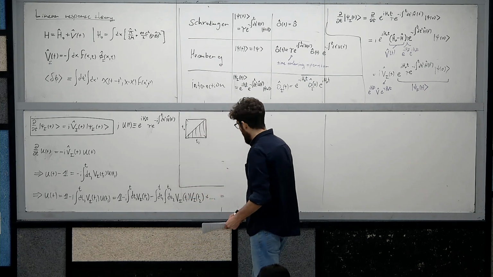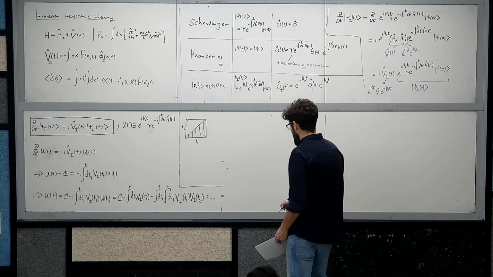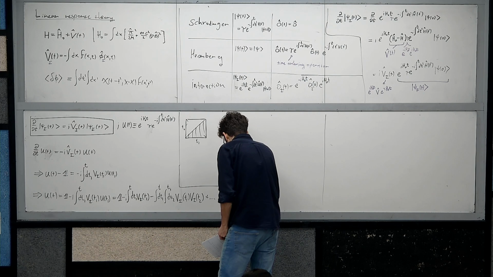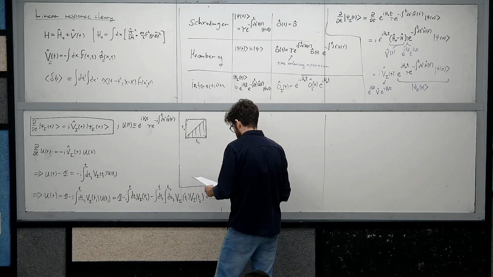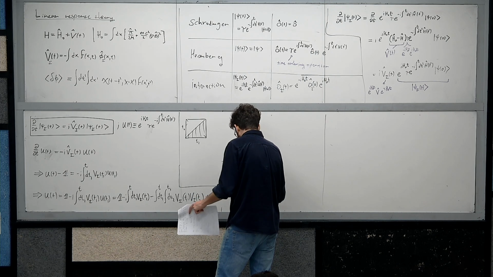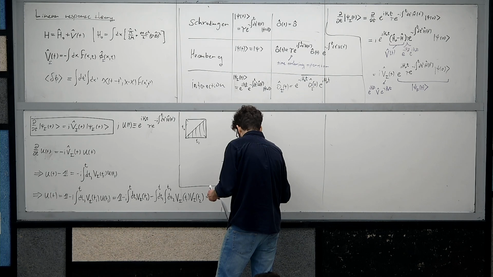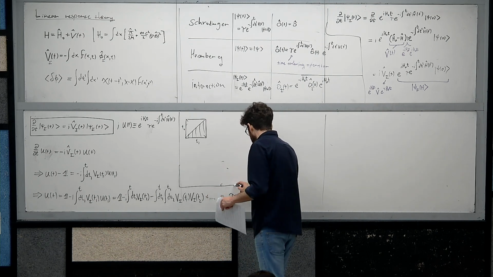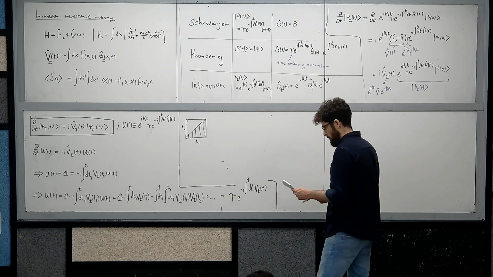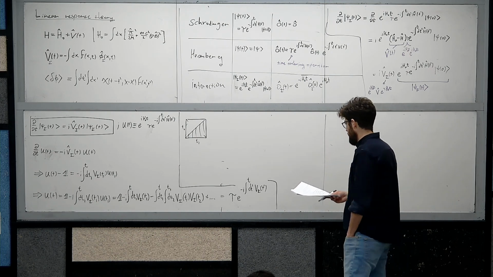That's important. And that's how you get this time ordering thing if you forgot. So this becomes e to the minus i integral up to t dt prime V_I of t. That's our evolution operator. That's all I want.